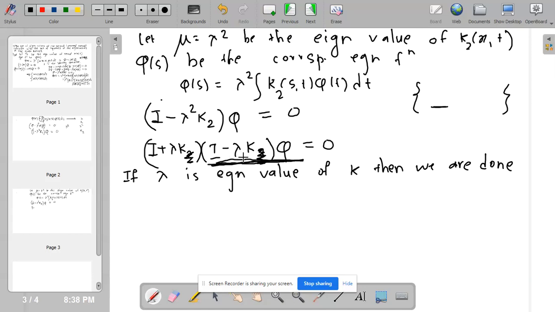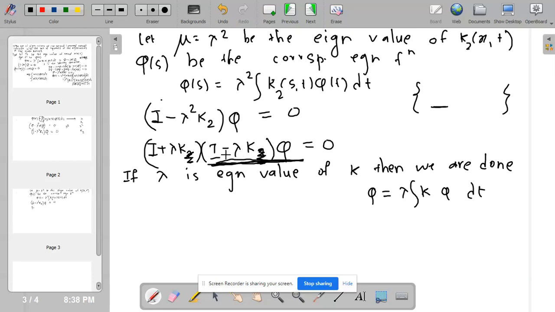But if lambda is not the eigenvalue of k, then this equation, phi of x equal to lambda times integral k(x, t) phi(t) dt, is not true. If lambda is not the eigenvalue, then phi of x will not be its eigenfunction, and hence we will not get this equation as true. So it tells us that (I minus lambda k) of phi will be non-zero.